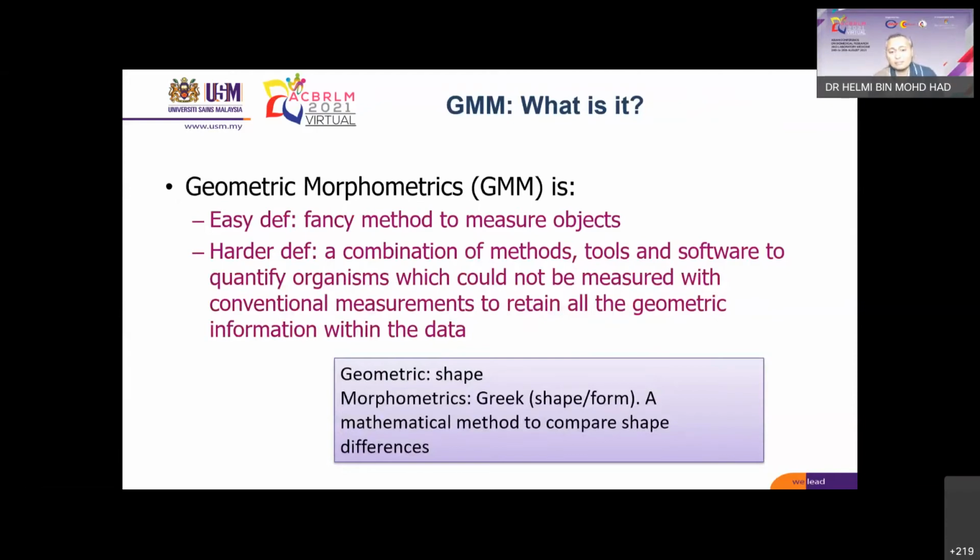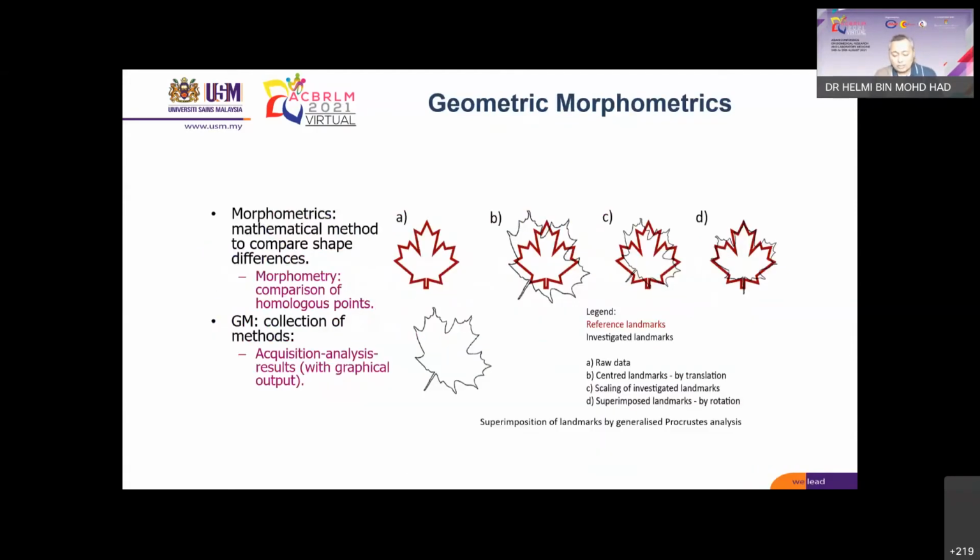This fancy method requires tools, capture, and some software to just put some points and you get some quantitative and sometimes qualitative data. And with that quantitative data, you do your inferences, or you can sum up what you see from that region. So let's say I have this maple leaf here.